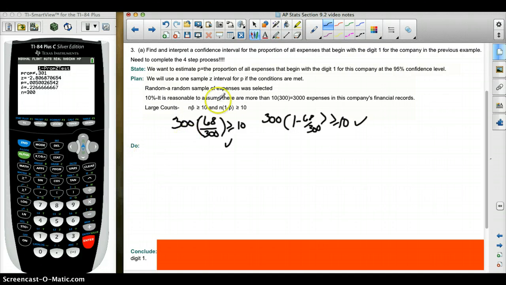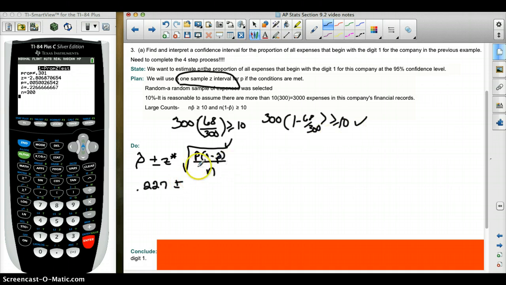So here we're doing a one-sample z interval. When you're doing a one-sample z interval, remember you want to use the formula p hat plus or minus z star times the square root of p hat times 1 minus p hat all over n. We know p hat from the previous slide is 0.227. Plus or minus z star: you have to get your z star.